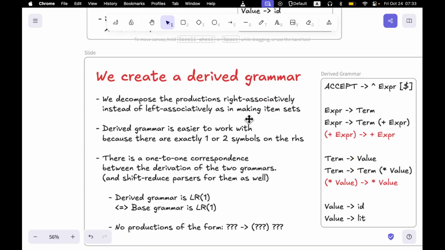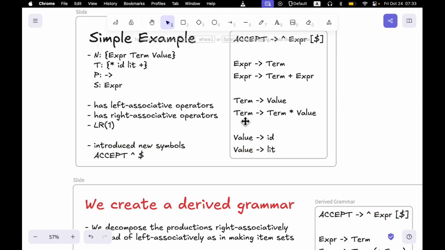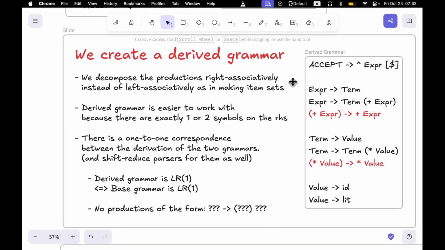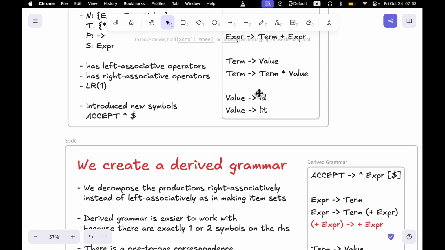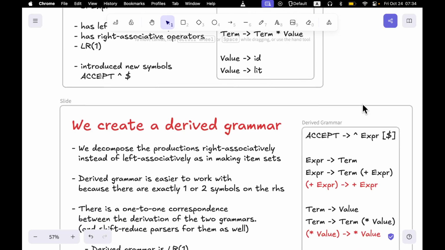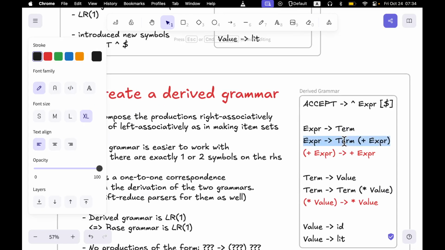And what we do with this grammar is that we produce a derived grammar based on this. We decompose the production rules that have 3 or more symbols on the right-hand side, like this or this. We decompose these rules into multiple rules that have 2 or fewer symbols on the right-hand side.